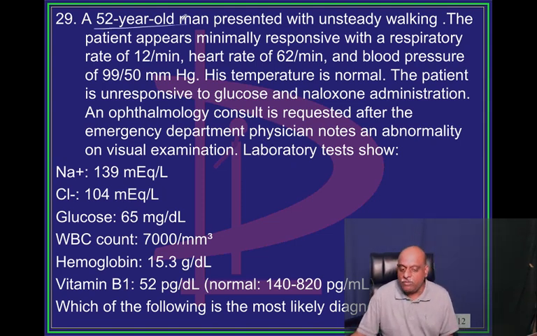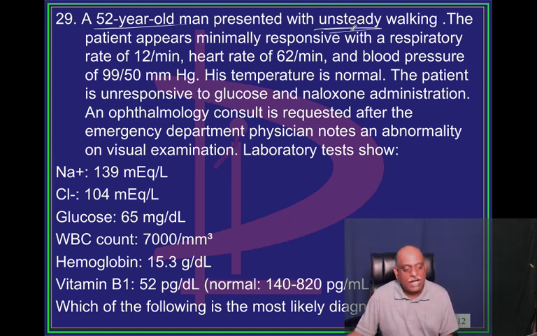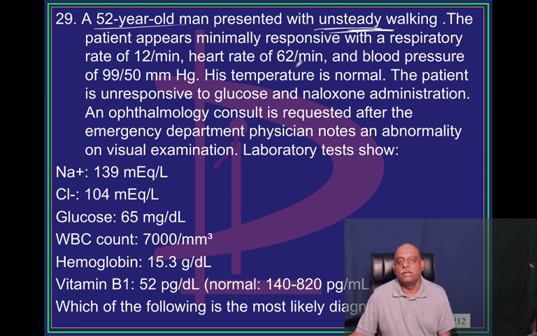A 52-year-old man presented with unsteady walking. He has a normal respiratory rate, normal heart rate, lower blood pressure, and he is unresponsive to glucose and naloxone.